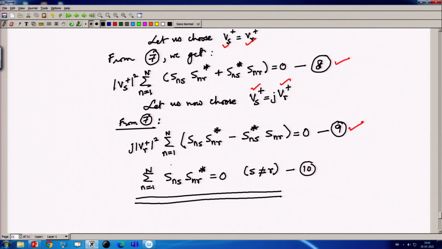It says that the product of a particular column and the complex conjugate of any other different column, if I add those products together, that will be 0. So, this is the second important property of the scattering matrix.